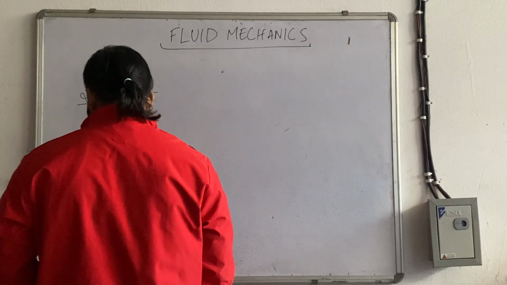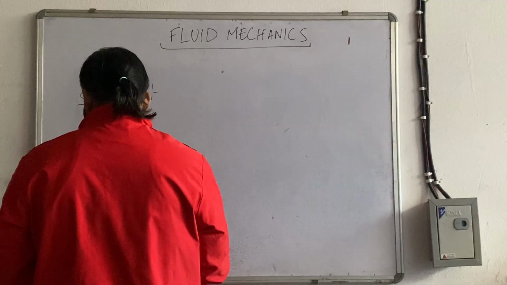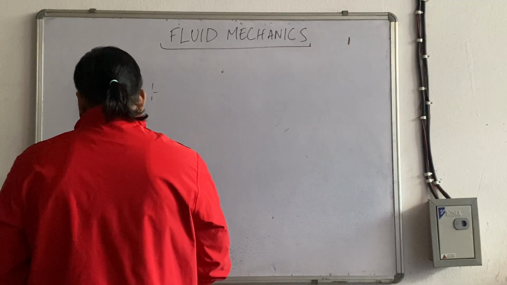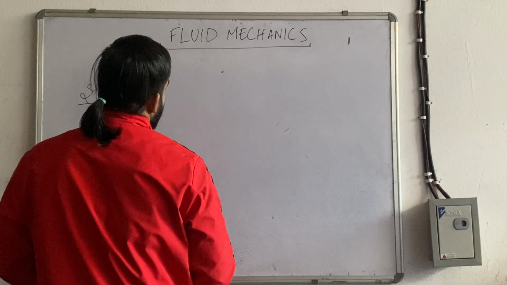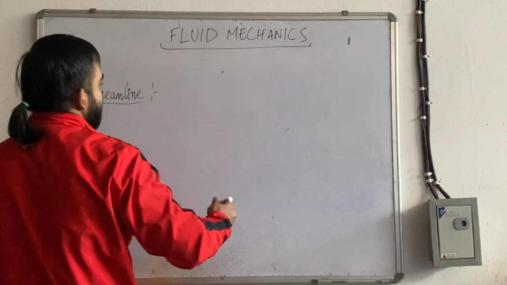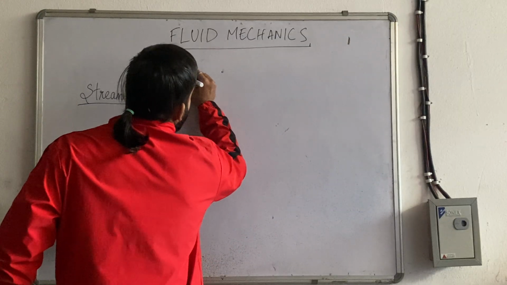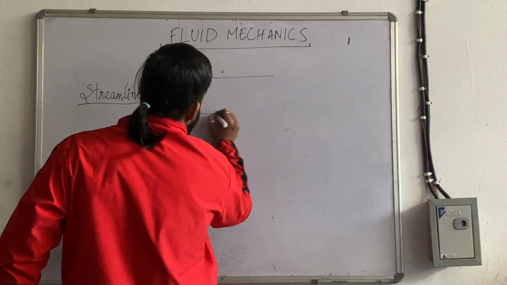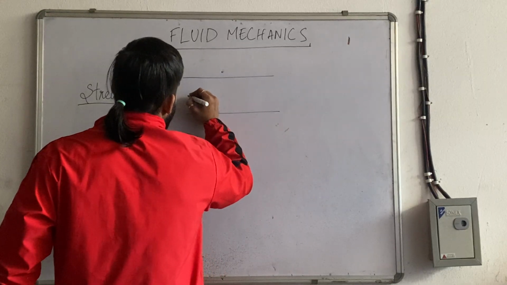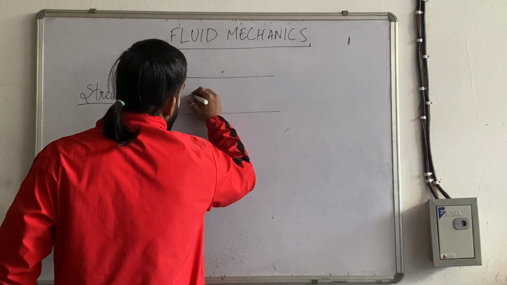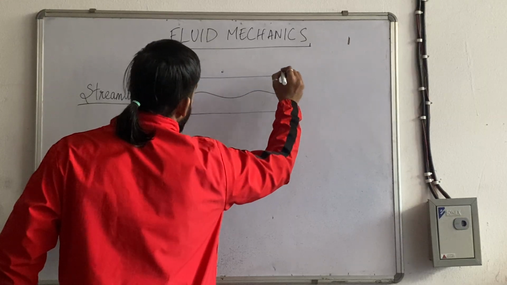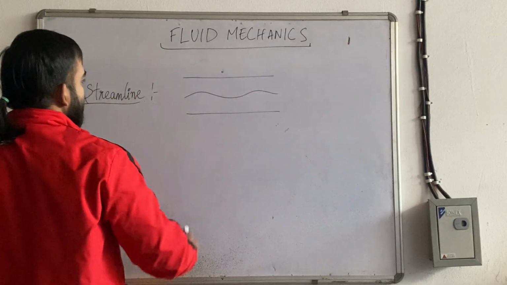In this type of flow, the velocity vector, for example, let us say this is a pipe and some fluid is moving like this.